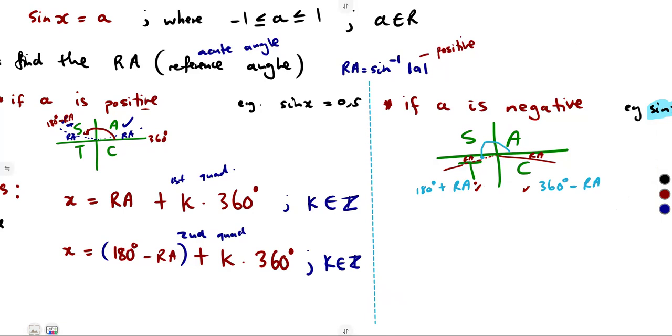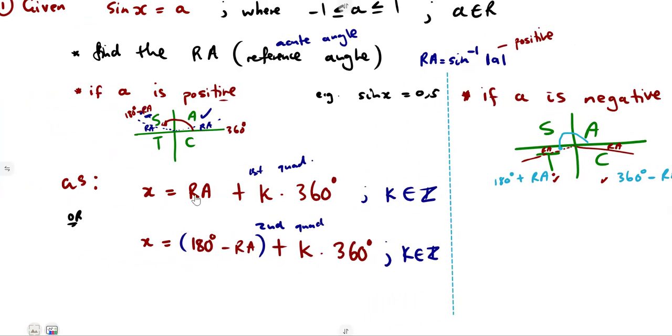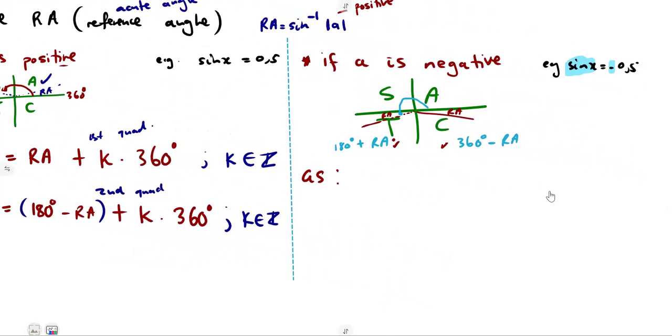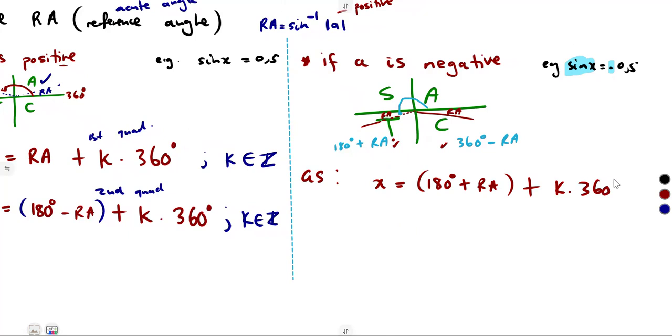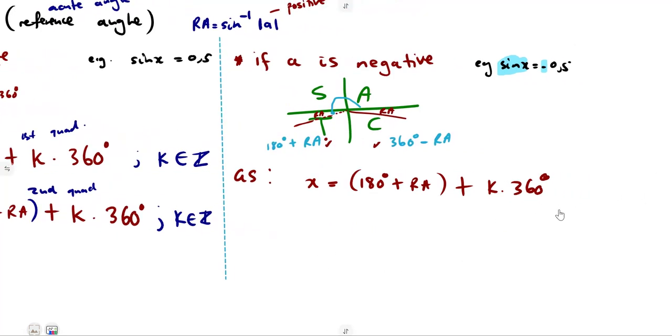So thus we can have our general solutions as before. In the third quadrant, where sign is negative, x will be equal to the angle in the third quadrant, 180 degrees plus the reference angle, then the multiples of 360 degrees, where k is an integer, just like before.